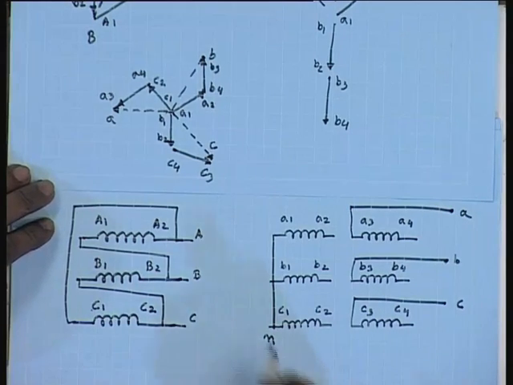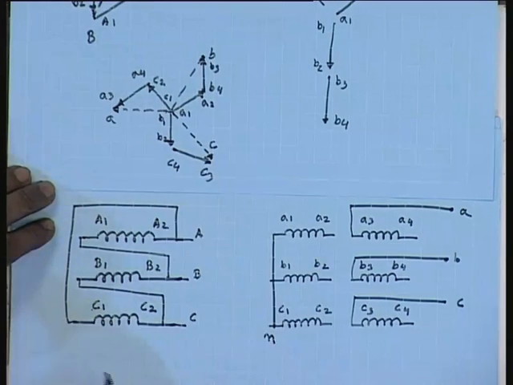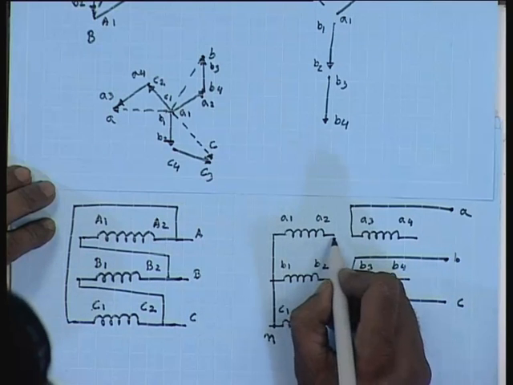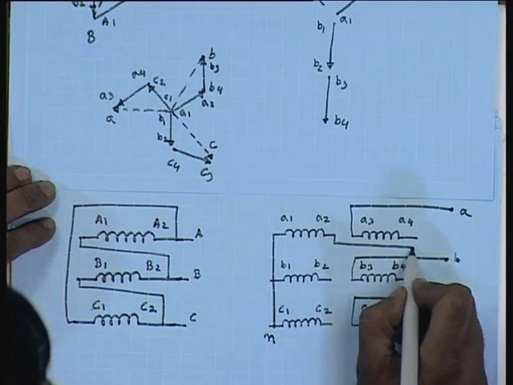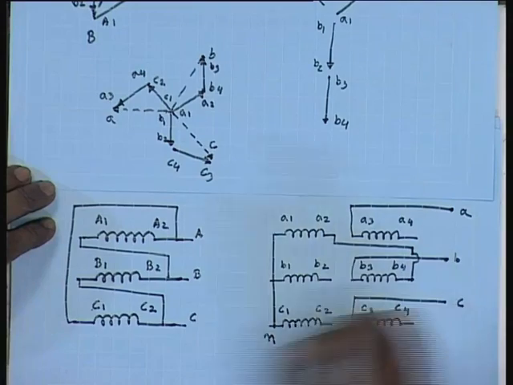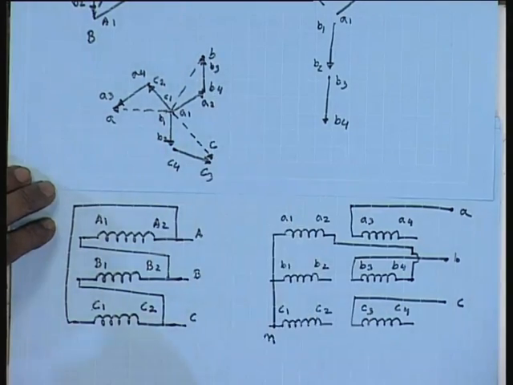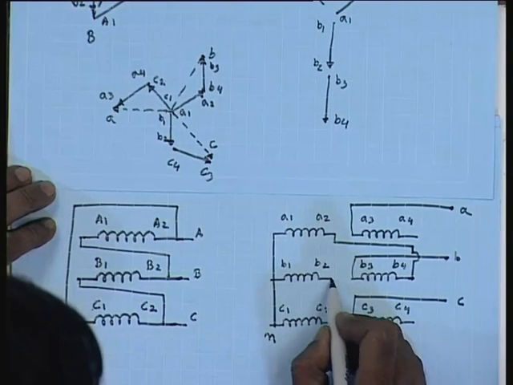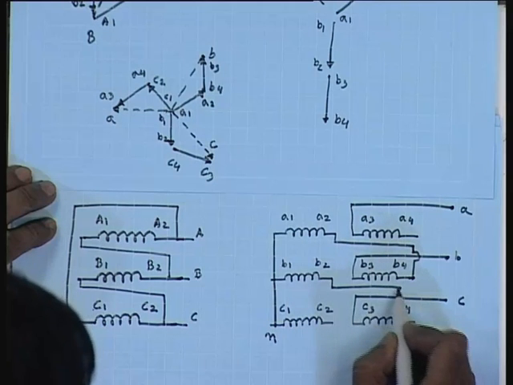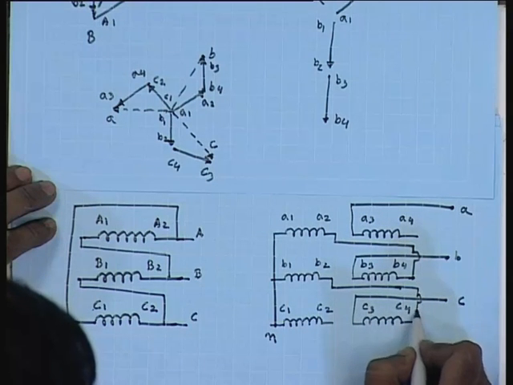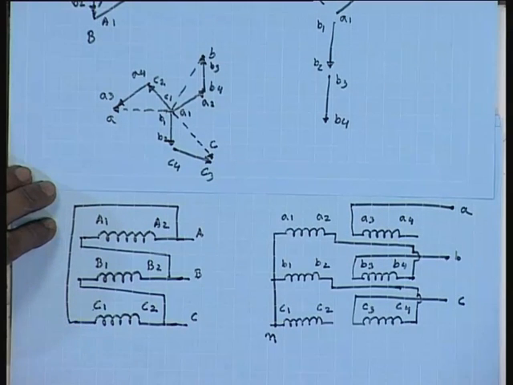Connection wise, A2 is connected to B4, B2 is connected to C4, and C2 is connected to A4.